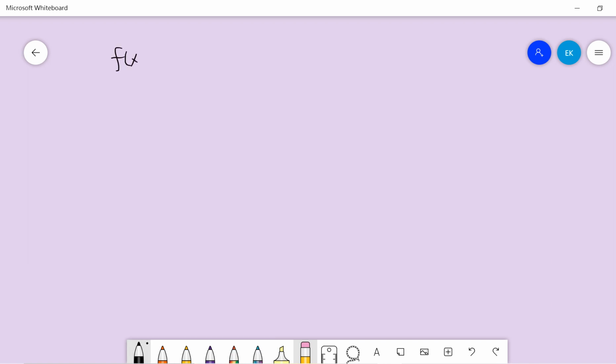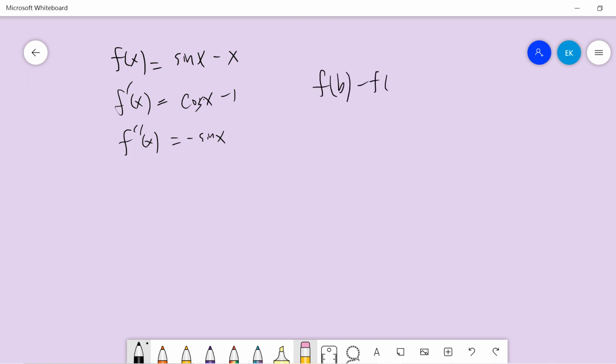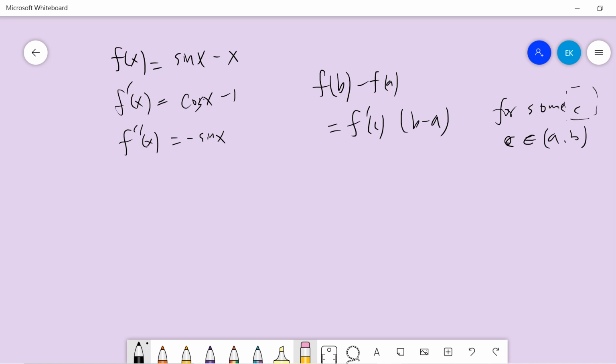Okay, so let's suppose f of x is sin x, then we can take the derivative. Basically, we use the mean value theorem: f of b minus f of a equals f prime of c times b minus a, for some c in the open interval (a, b), if f is differentiable.